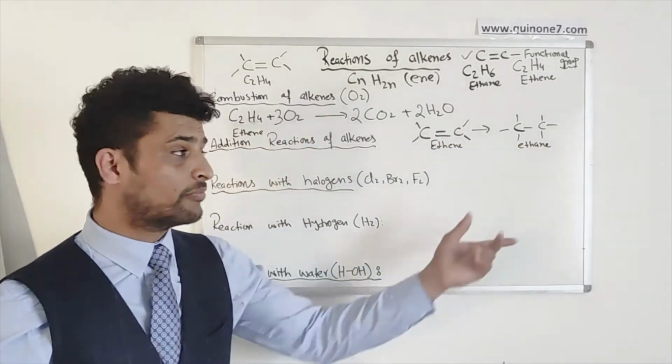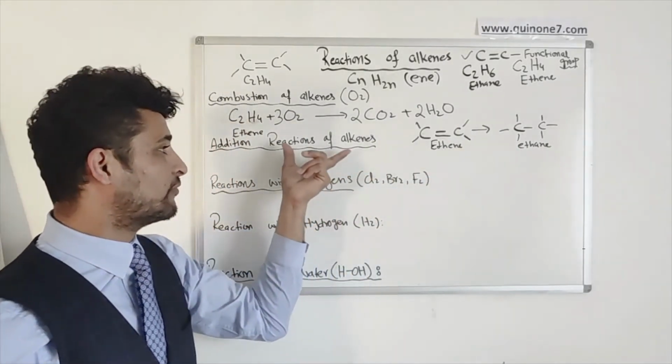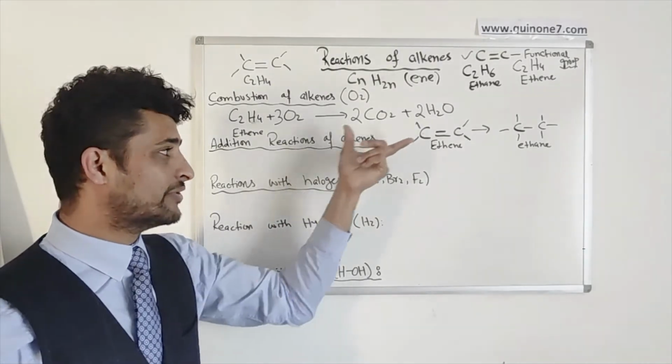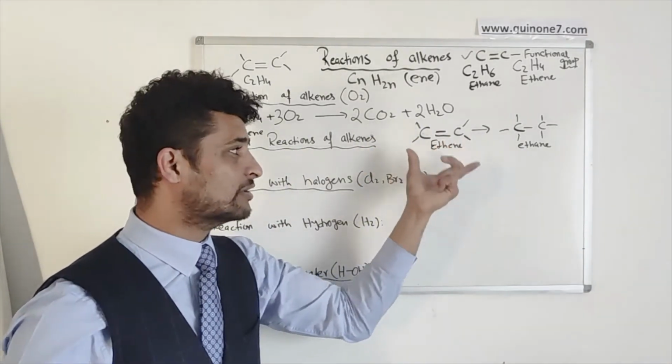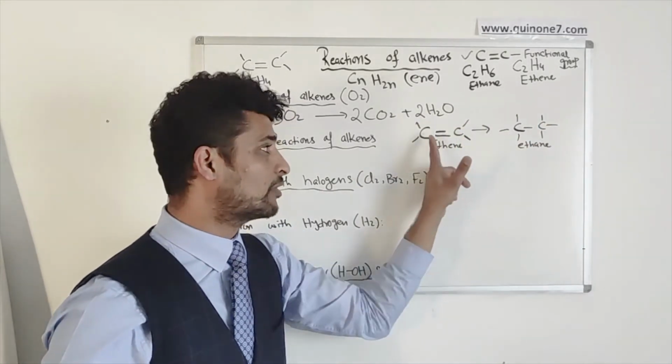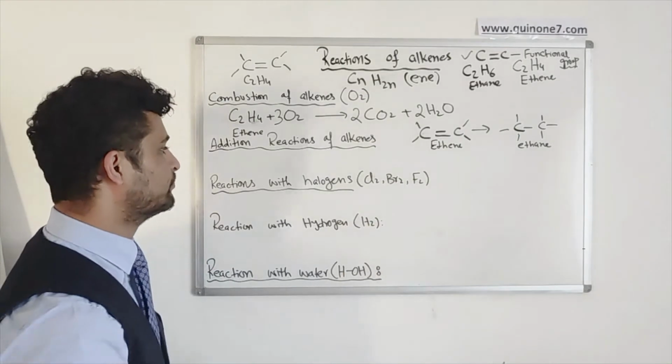We have to predict the actual name depending on what type of chemical you are reacting with ethene. But the general concept is that alkenes will be converted into alkanes because the double bond will be broken, and the two carbons will get two atoms or groups.